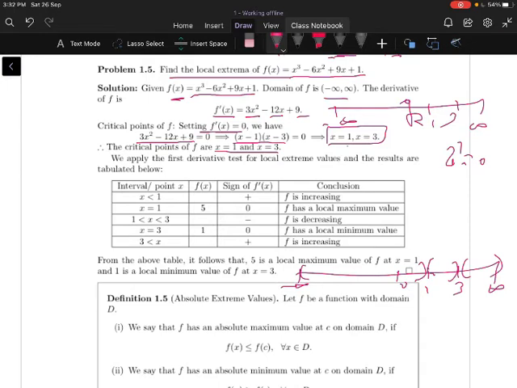That is, x less than 1, meaning minus infinity less than x less than 1, and x equal to 1 is a critical point. Then 1 less than x less than 3, and x equal to 3 is a critical point, and 3 less than x less than infinity. We can split the domain into subintervals.